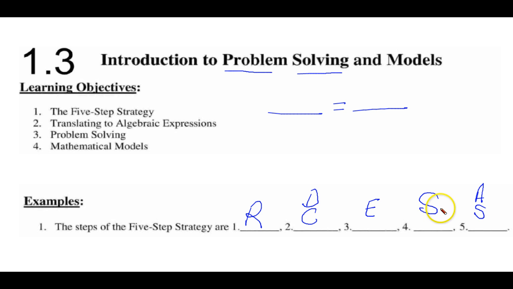This is solve, and this is an answer statement in which you take what you've gotten as an answer and then apply it to the question they're asking in the example.